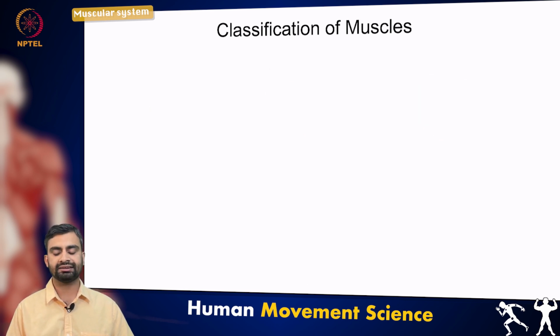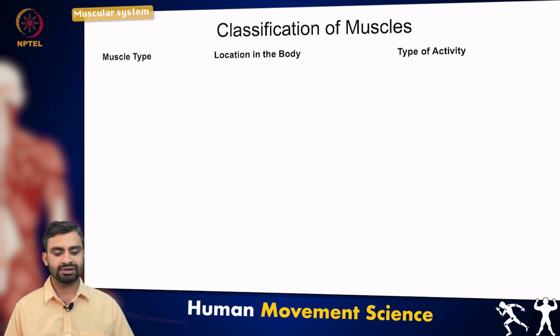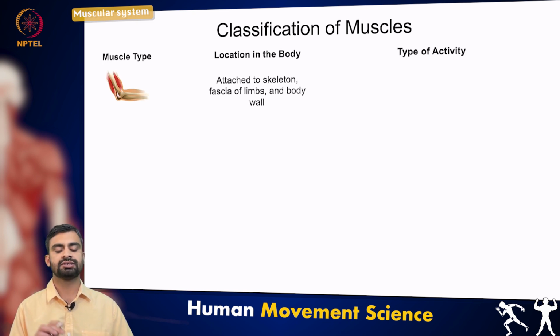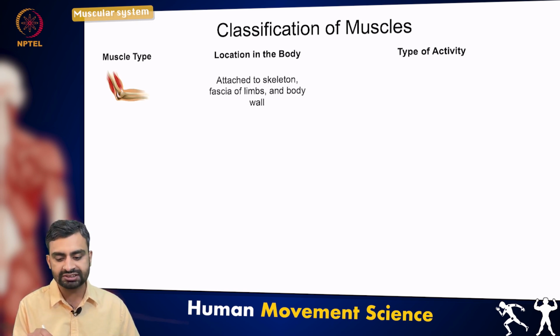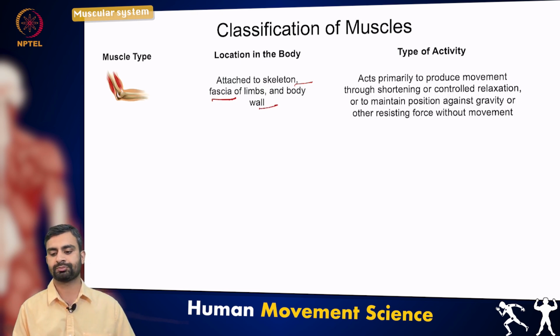Now let's look at the various muscle types which we discussed, such as skeletal, cardiac or smooth muscles, their location in the body and the type of activity which they perform in the body. First we will start with the skeletal muscles. They are attached to the skeleton or fascia of the limbs and body walls.